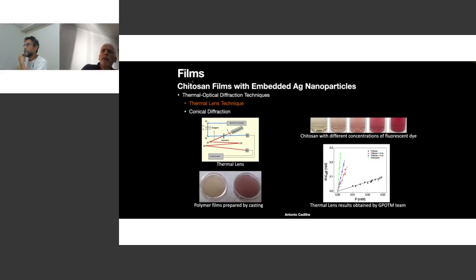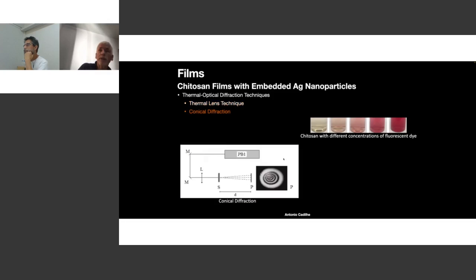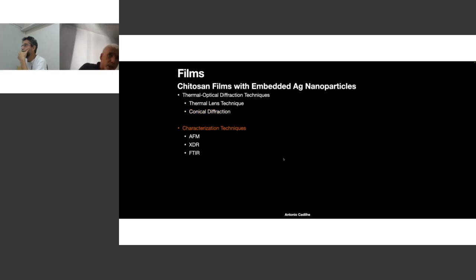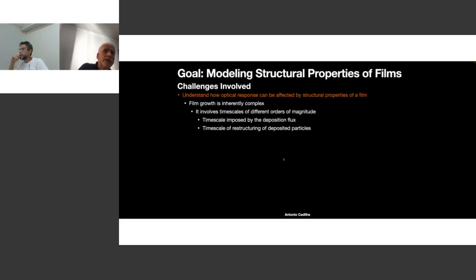What we are interested in is using some experimental techniques to calculate how the particles are distributed on the polymeric film in the presence of some nanoparticles, and working together with the simulations, so as to compare side by side what is observed.